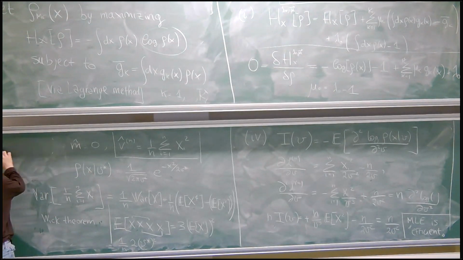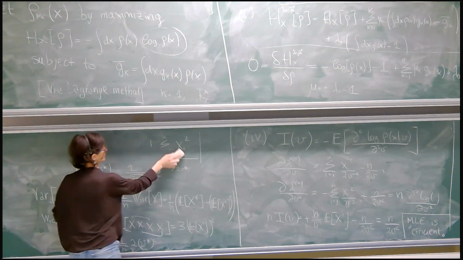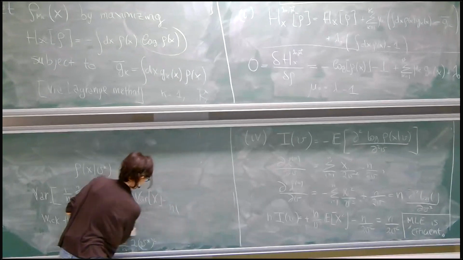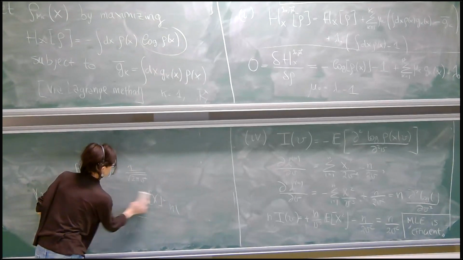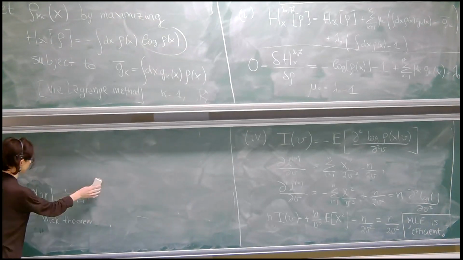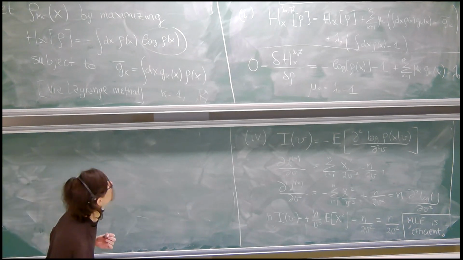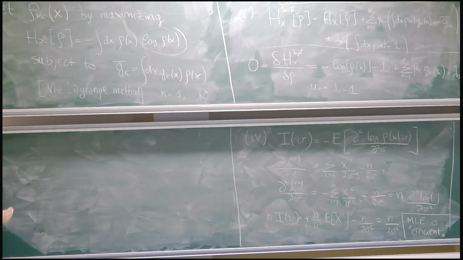So let's do it quickly. So the value of mu 0 comes from normalization. So what I have to do is I integrate that expression for rho over x, and I set it equal to 1.